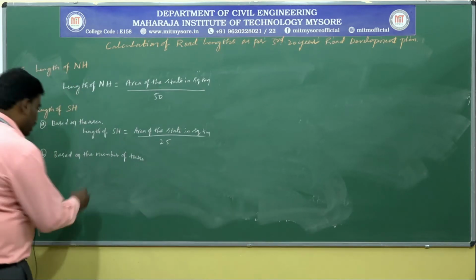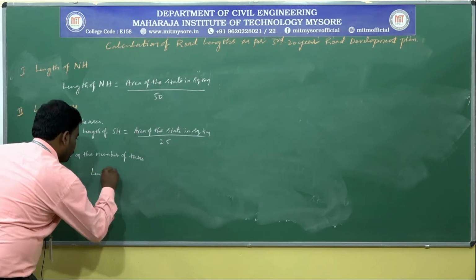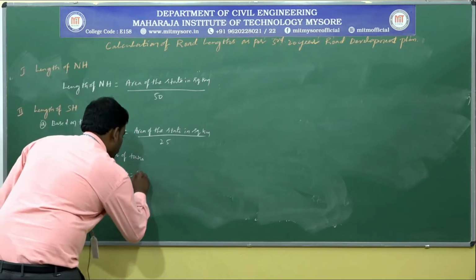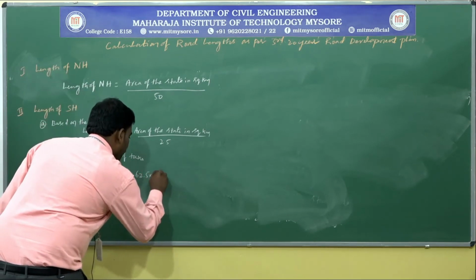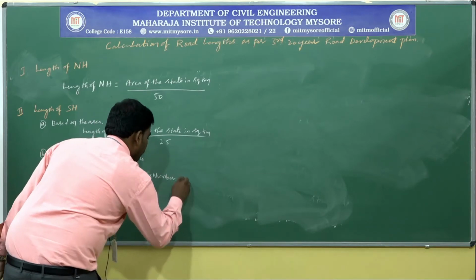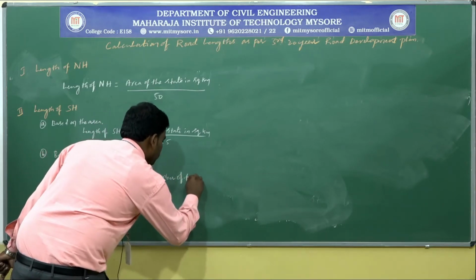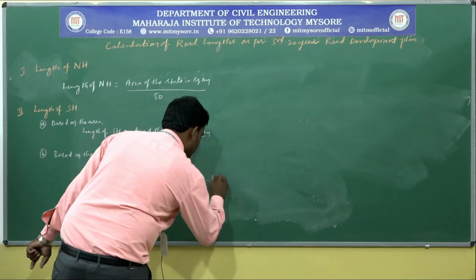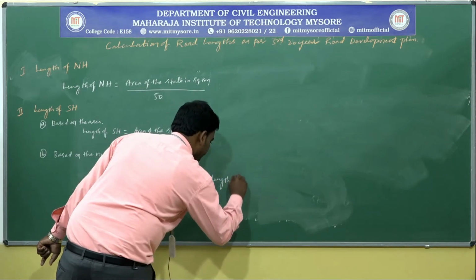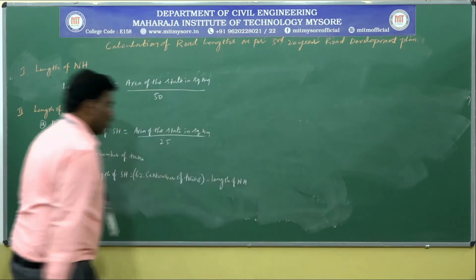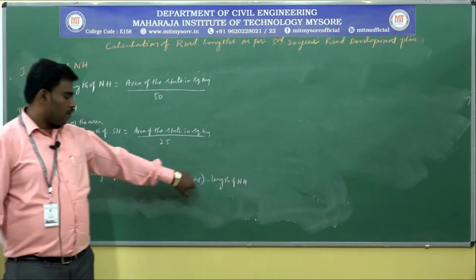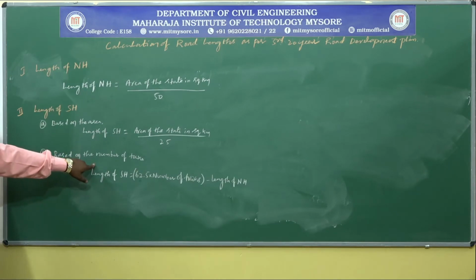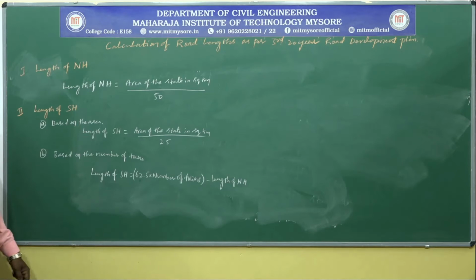Length of SH, state highway, is equal to 62.5 into number of towns, minus length of NH. So 62.5 into number of towns minus length of NH will give the length of state highway based on the number of towns.